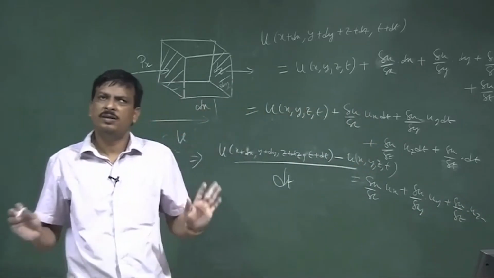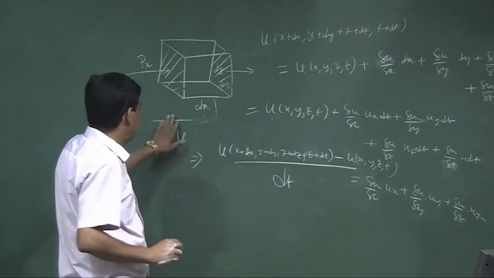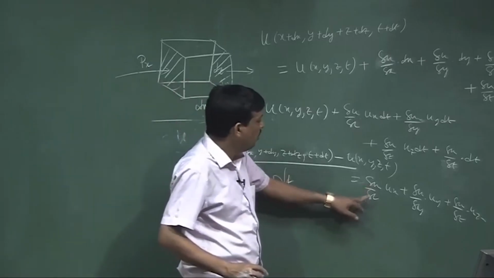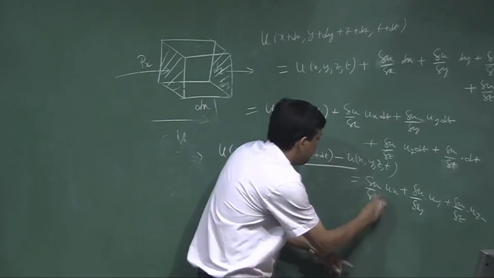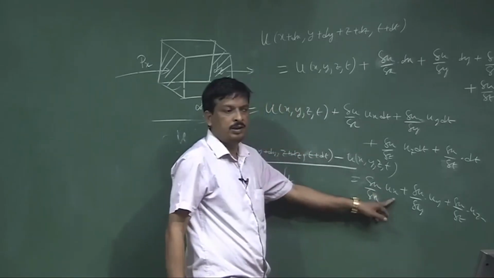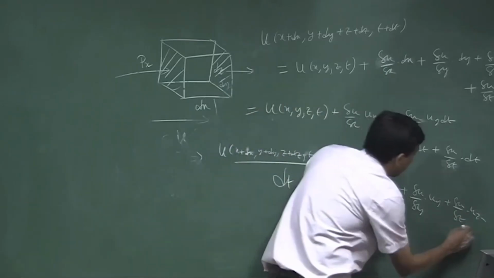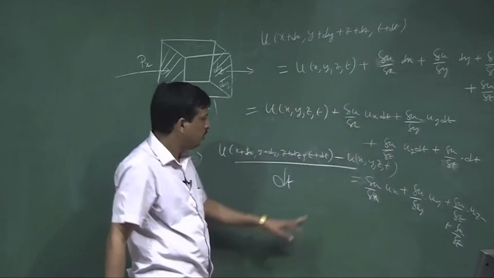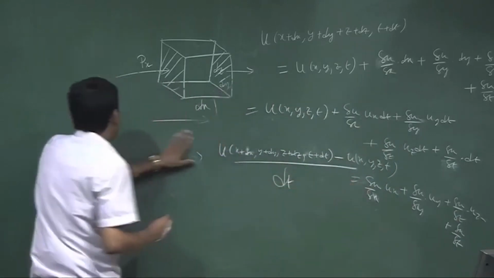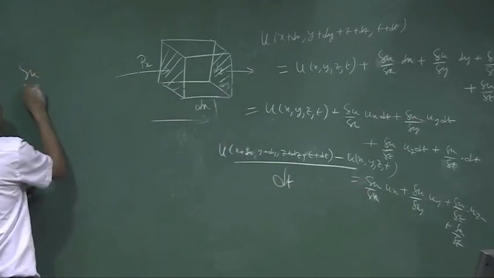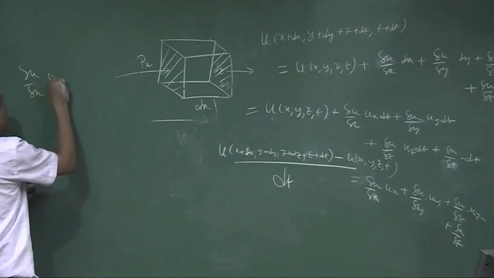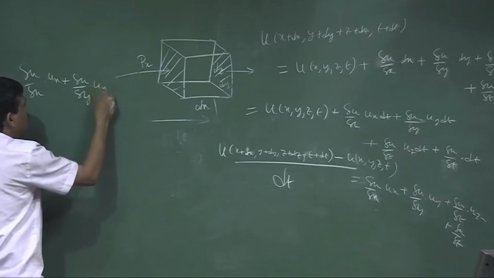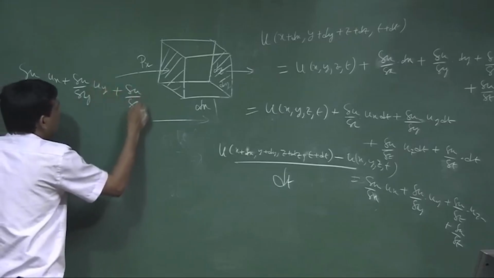Okay, simple. In that case, what is this? Del u by del x ux and so on, plus the del u by del t term will be there. Now I just deal with this term: del u by del x into ux plus del u by del y into uy plus del u by del z into uz.